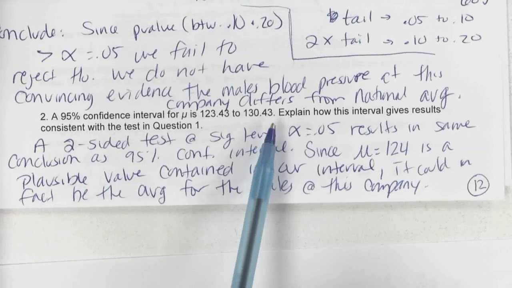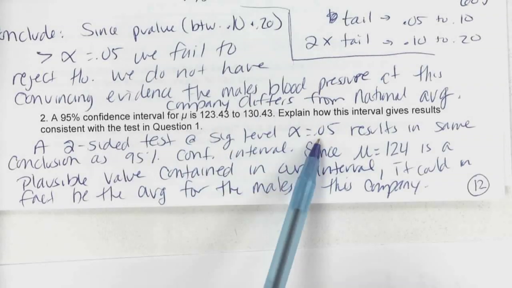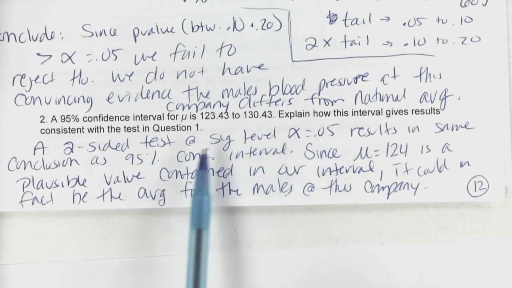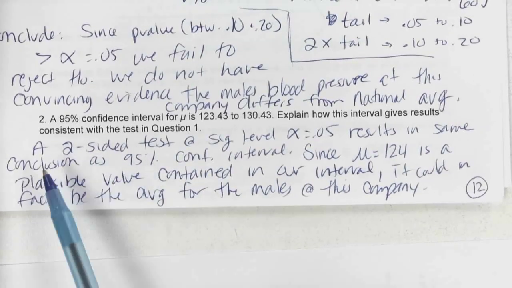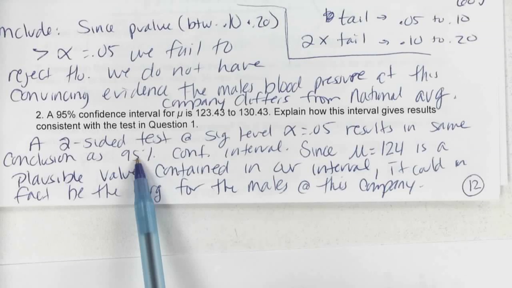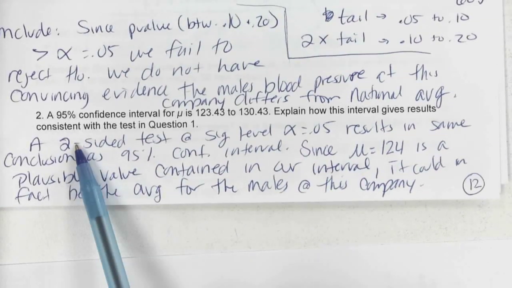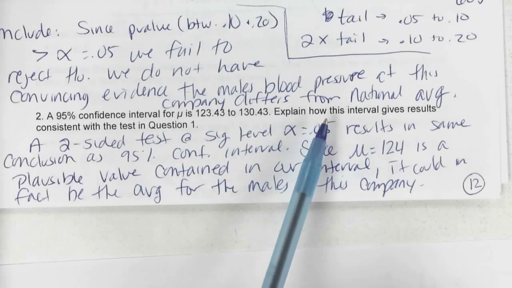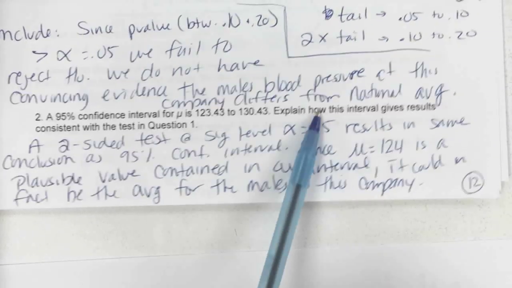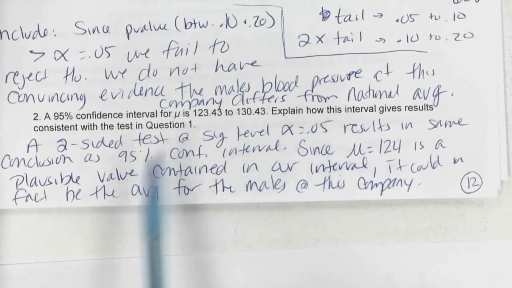Now, if I was dealing with a two-sided test and my significance level was 10%, that would correspond to a 90% confidence interval. Now, we can make a case for a one-sided test and confidence interval. It's not as direct. It's like 5% and 95, 10% and 90. They directly relate that way.